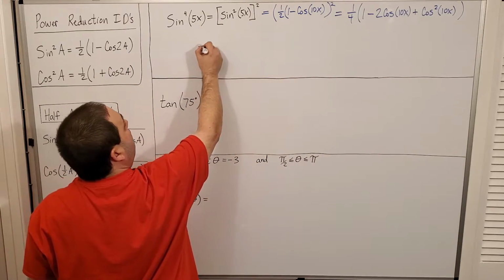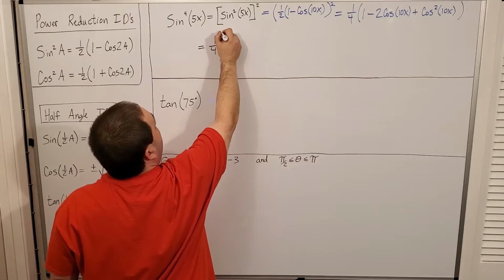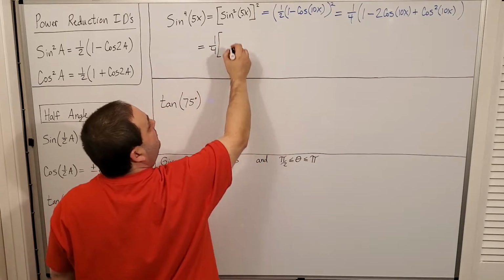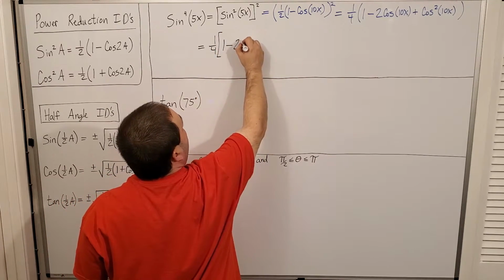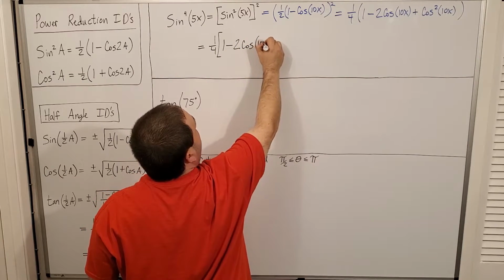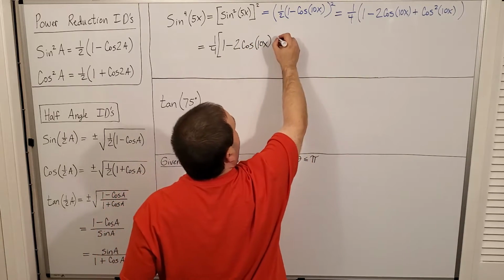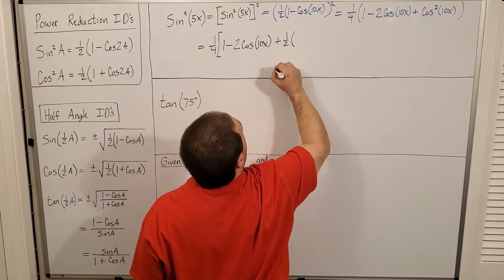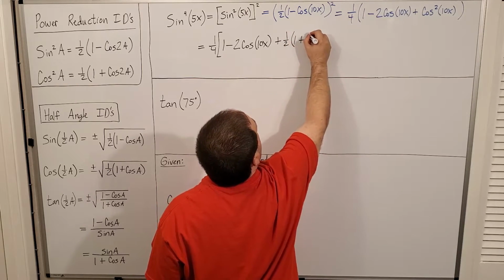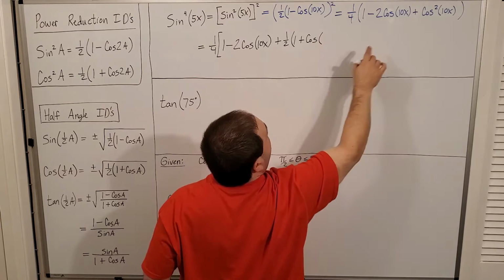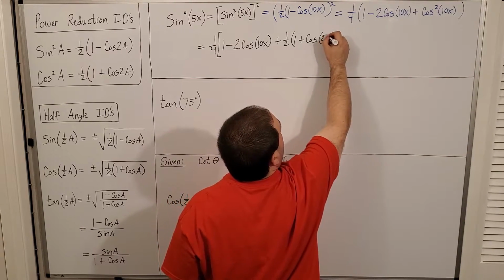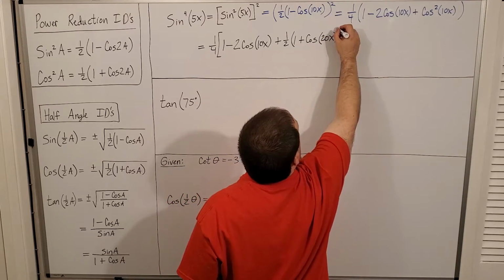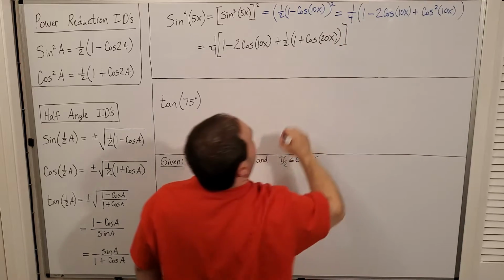So then what I have is 1/4 times 1 minus 2 cosine of 10x plus 1/2 of 1 plus cosine of the double of that. So this is going to be 20x, like this.